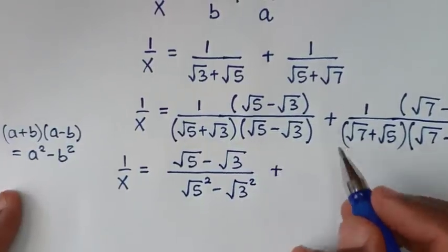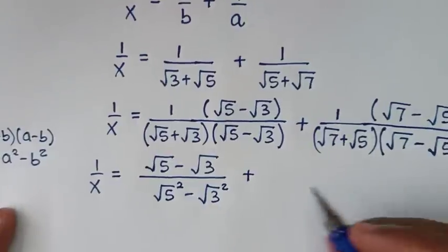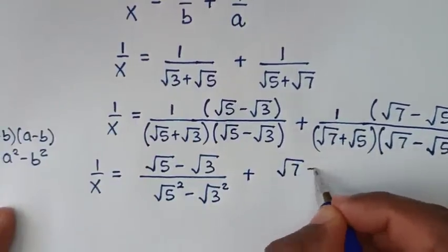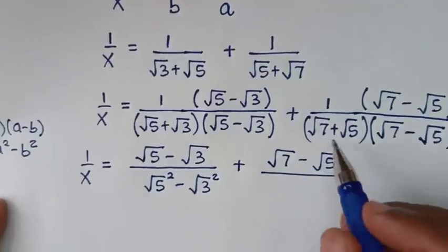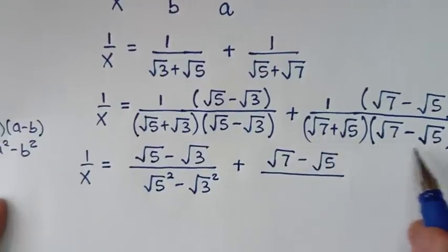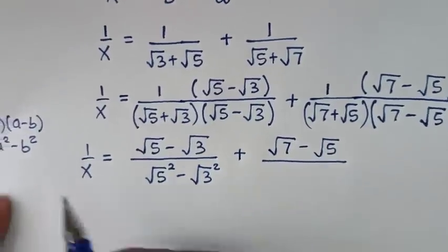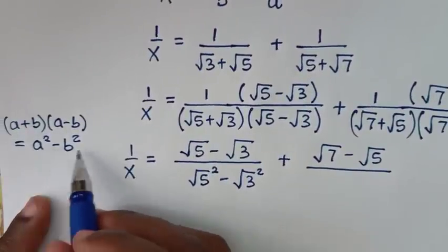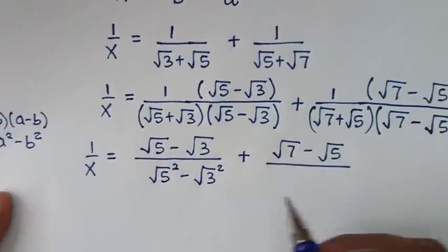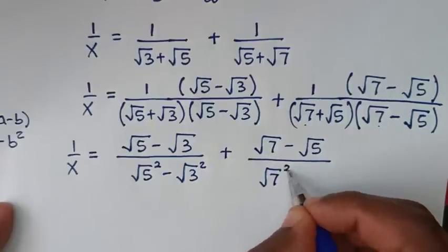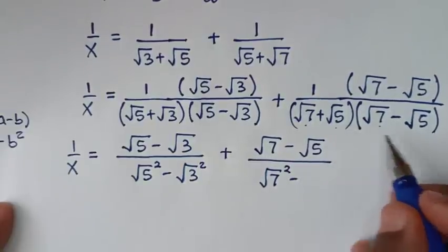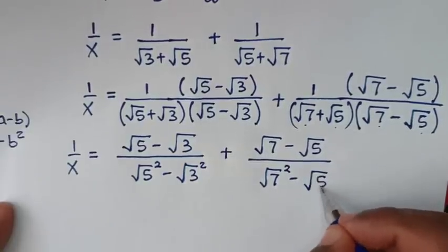then plus 1 times this, it will be square root of 7 minus square root of 5, then over here this is also in the form of a plus b times a minus b, so we apply this rule here, a square minus b square. So here it will be square root of 7 square minus square root of 5 square.